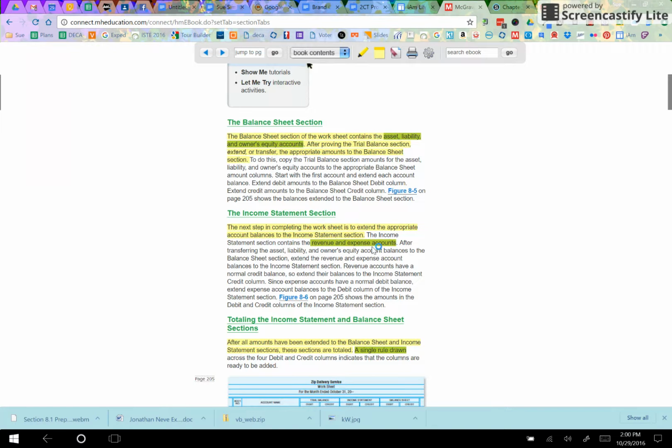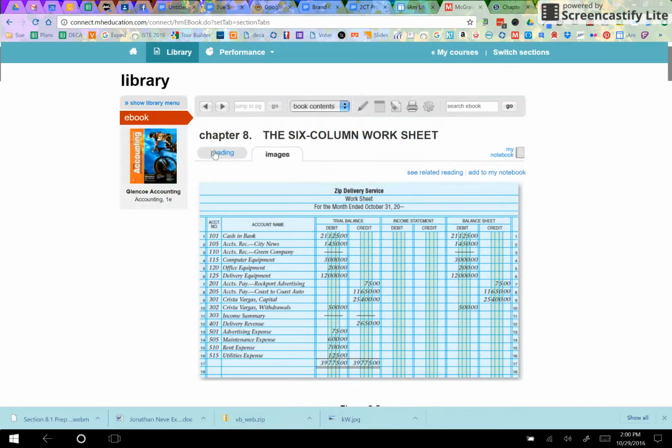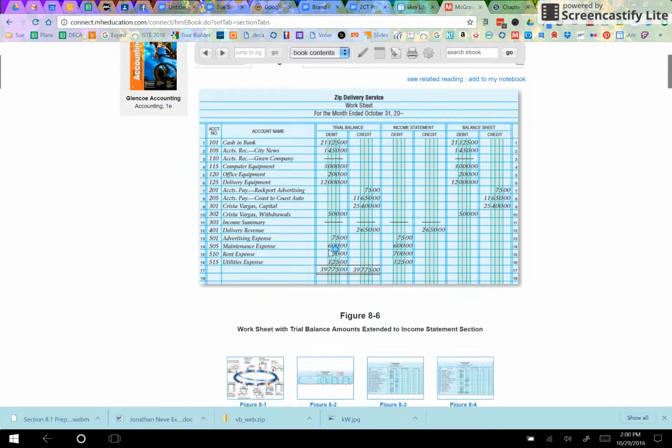The income statement section of the worksheet is going to be the revenues and expenses. And just similar to that, we're going to take our revenue and transfer the credit over to here, and we're going to take our expenses and transfer the debit over here.